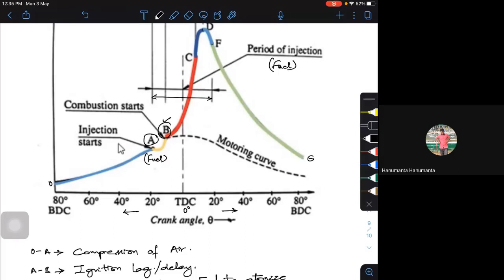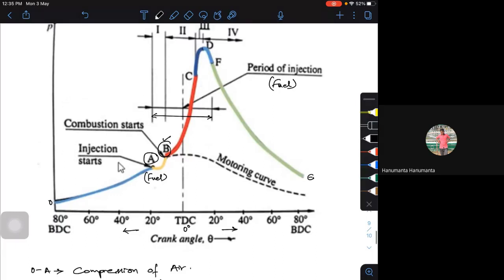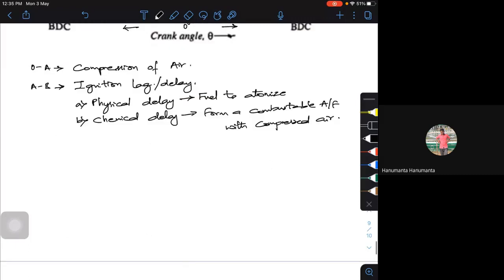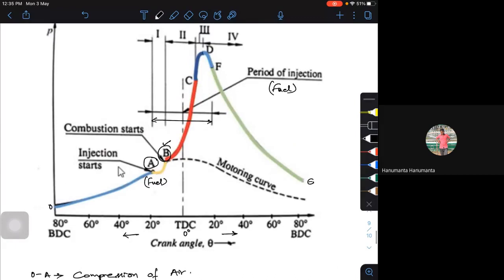Now at point B, B to C is nothing but uncontrolled combustion. So what happens here? From B to C, you are trying to push the fuel air mixture, and this fuel air mixture will start combusting.